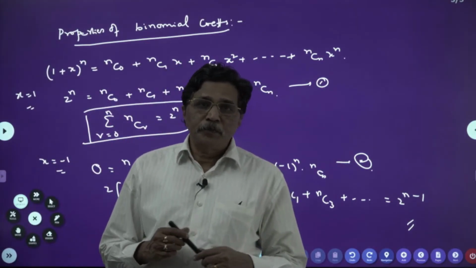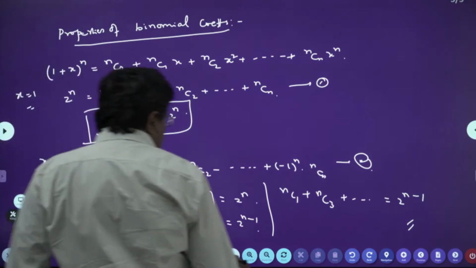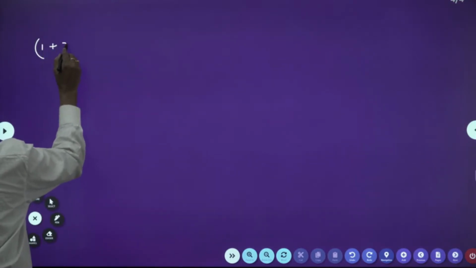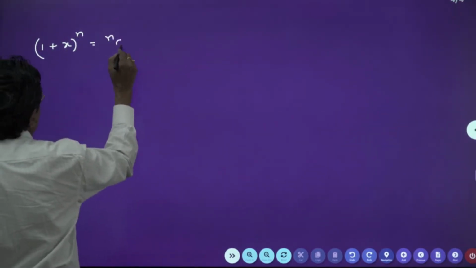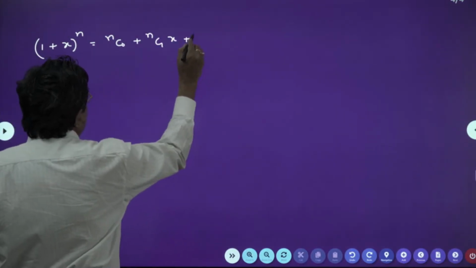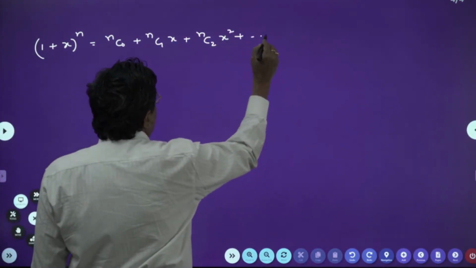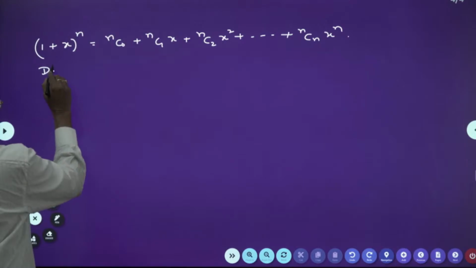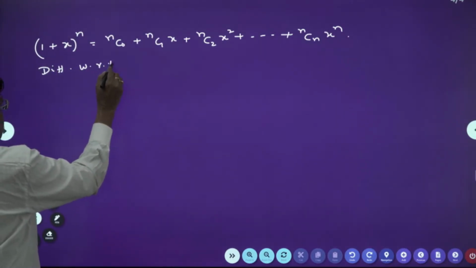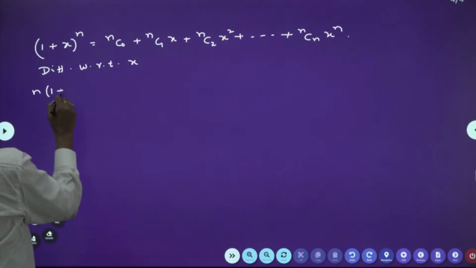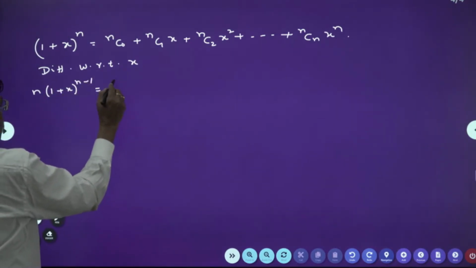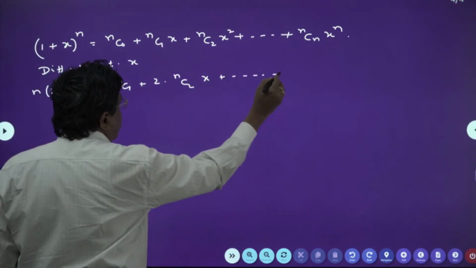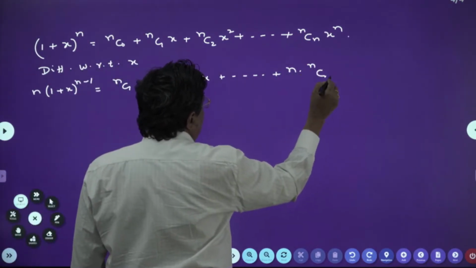Next is, if you consider the expansion of (1 plus x) whole power n, this is nC0 plus nC1 x plus nC2 x square plus so on plus nCn x to the power of n. If you differentiate this with respect to x, we get n into (1 plus x) whole power n minus 1 is equal to nC1 plus 2 into nC2 x plus etc. plus n into nCn x to the power of n minus 1.